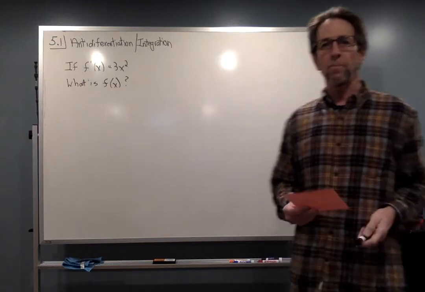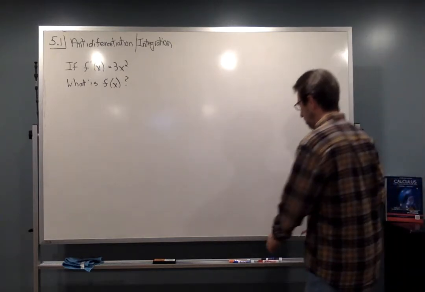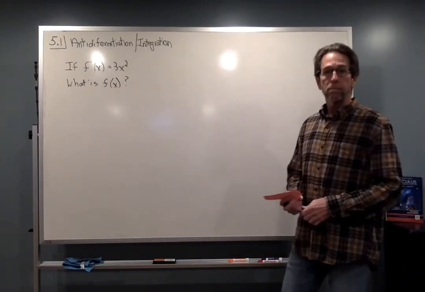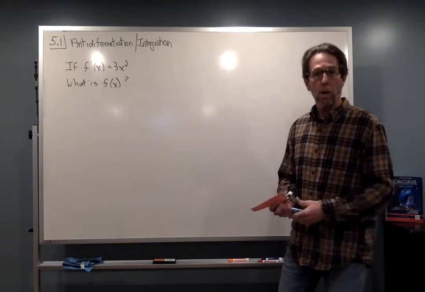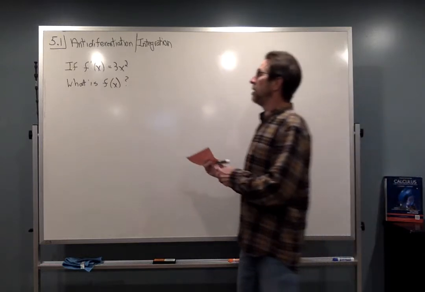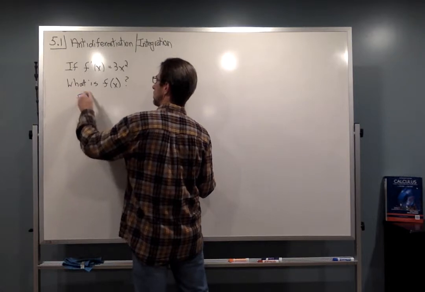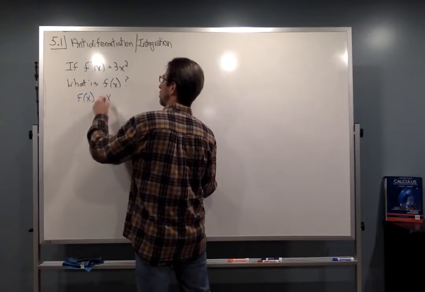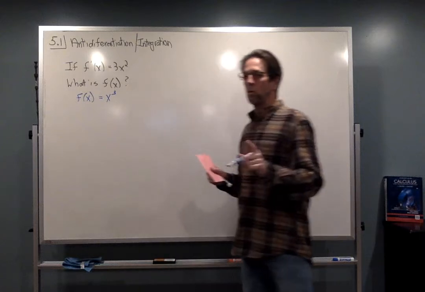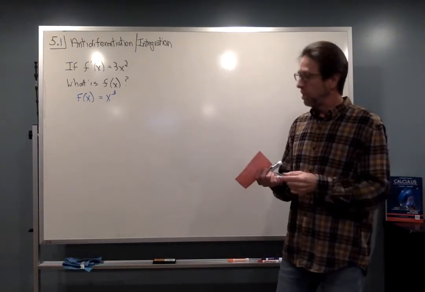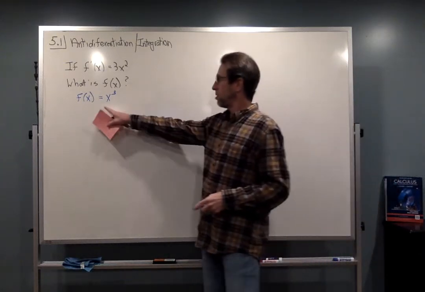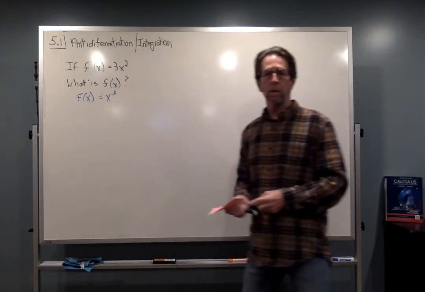Well, just knowing something about differentiation, we should be able to come up with that. And I'd love to have you here and ask those questions and see what you come up with, but hopefully you would realize that the function would have to be x cubed. Or maybe not have to be, but could be. Because if you would then find the derivative of x cubed, you would get 3x squared.